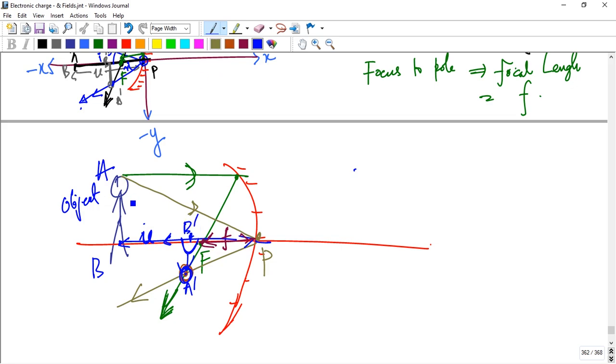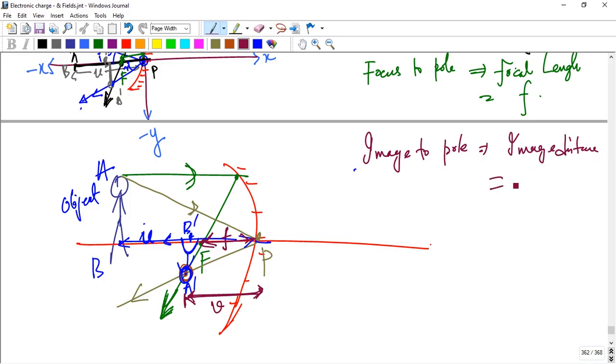The image is inverted here. From the image to the pole is called the image distance, that is v.